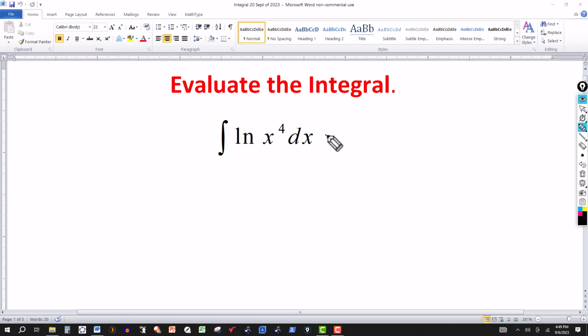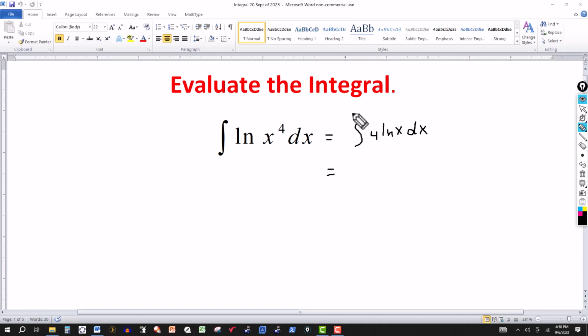So that means I can rewrite this way. This exponent can come over here as a coefficient, so I can put the 4 here. And then this is the integral of ln of x dx. And because this is a constant, you can always bring a constant outside the integral.